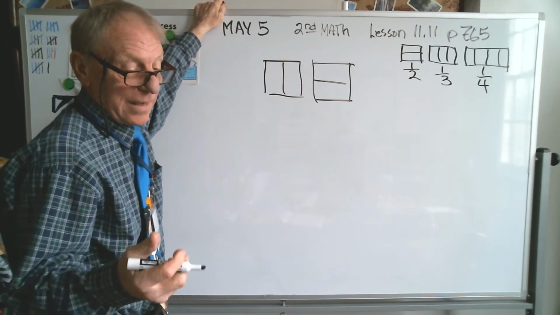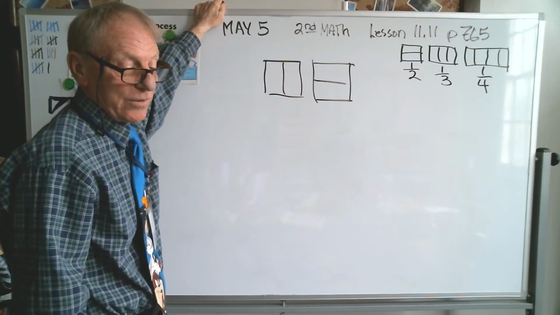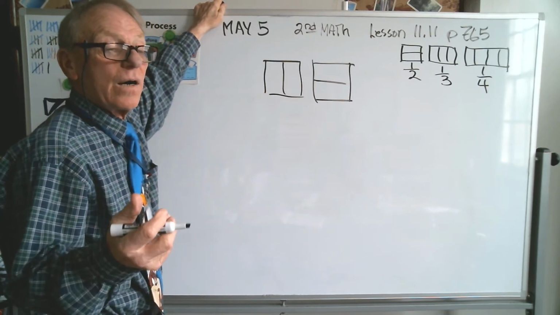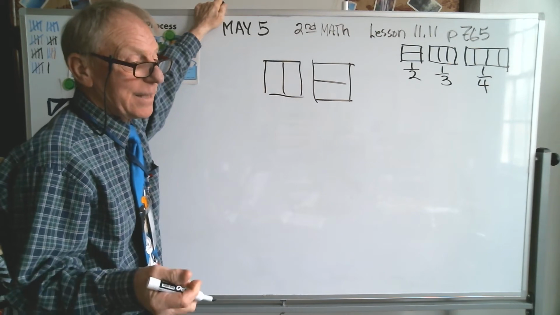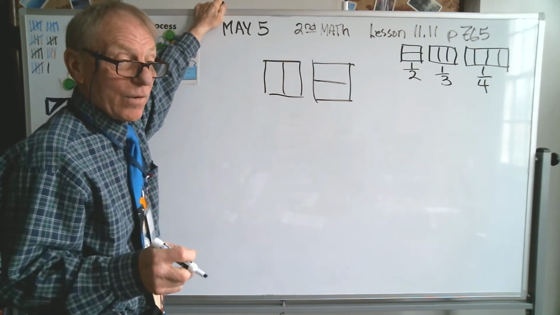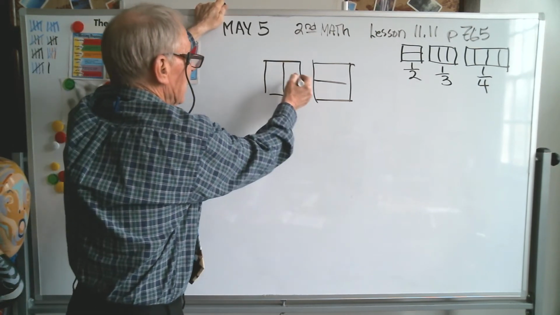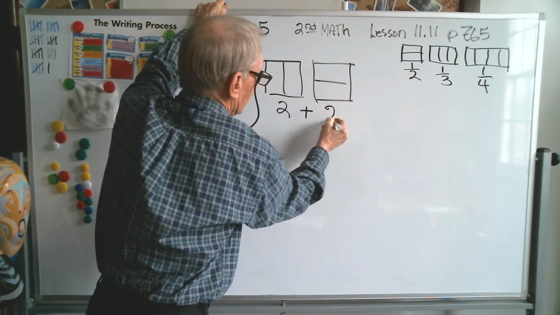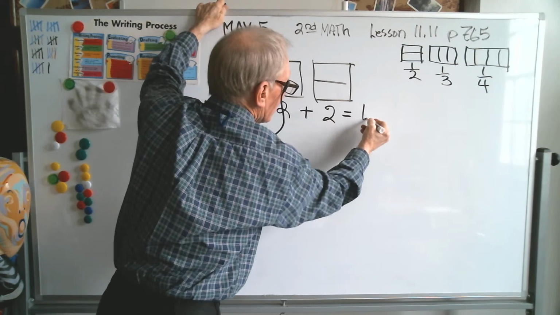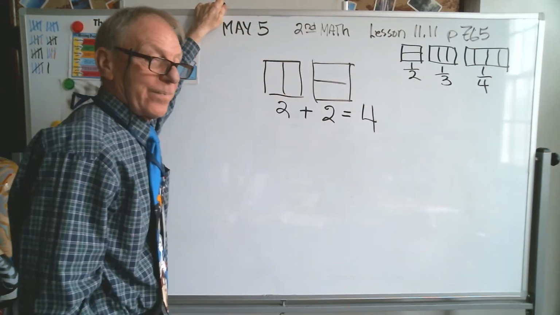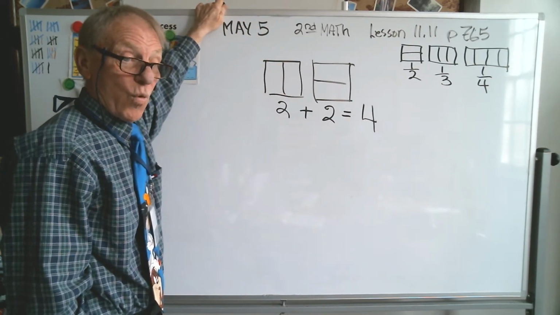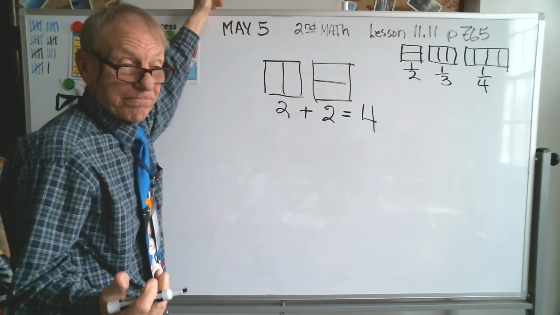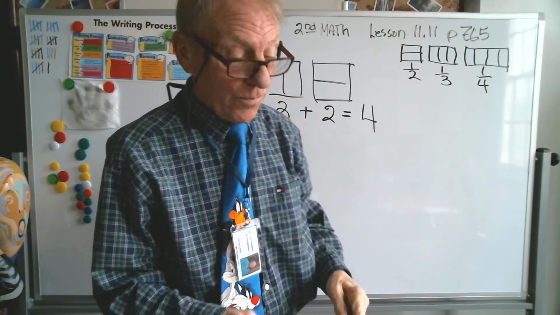And they're asking how many equal parts does she have in all. That means you need to add them all together. So this one has 2 equal parts, and this one has 2 equal parts. So all together, she has 4 equal parts. 2 plus 2.